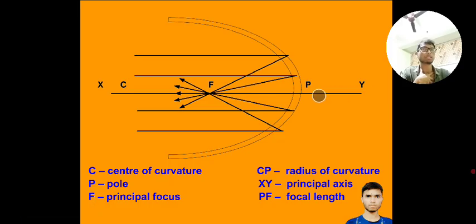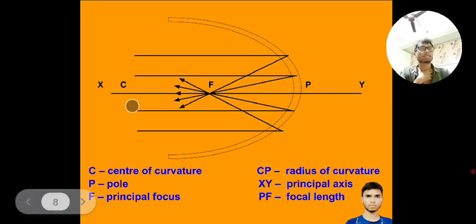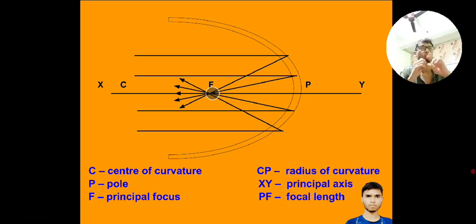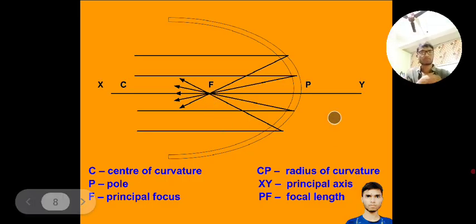And the focus is just half of the radius. The radius is double the focus. 2f is equal to R.